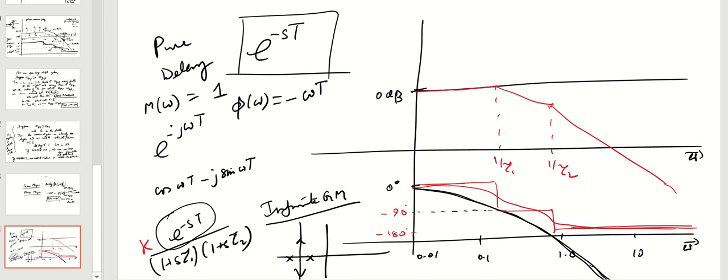But remember, now you have this exponential term which is lying hidden here, and this is latently dangerous because you are thinking that you are safe because you think that this is what your phase plot is like. But in a sense, this exponential term, which is a pure time delay, is actually adding this phase also. So at some finite value of omega, you will definitely go below. In fact, you will go at a quicker rate.